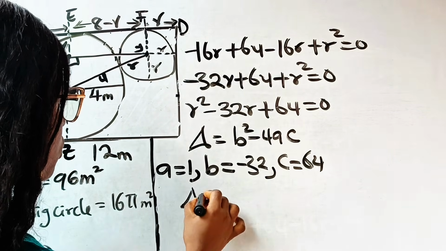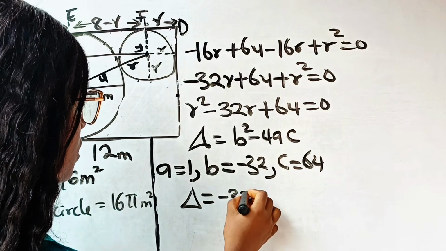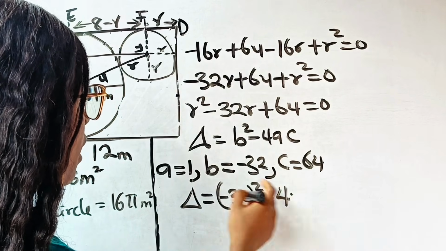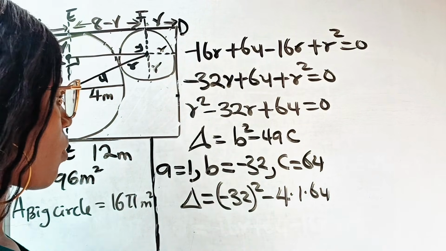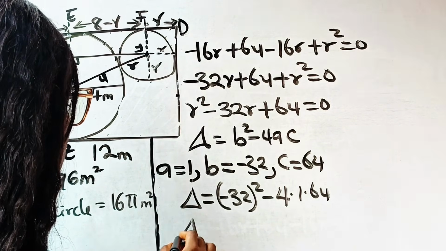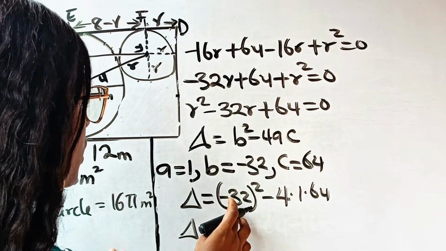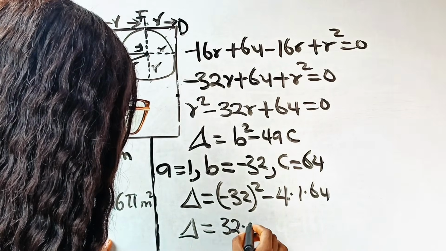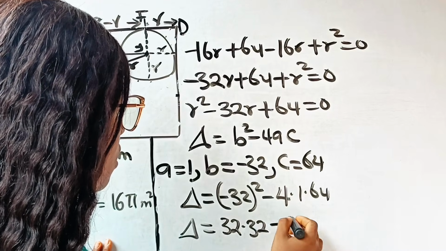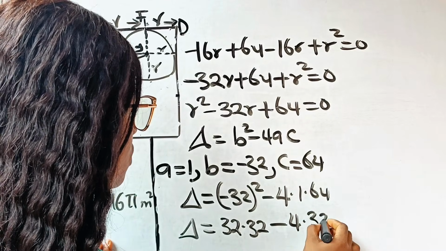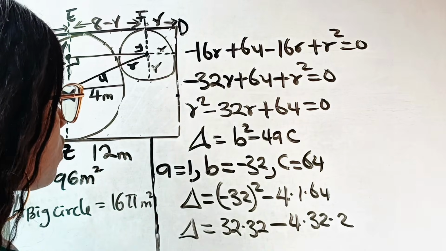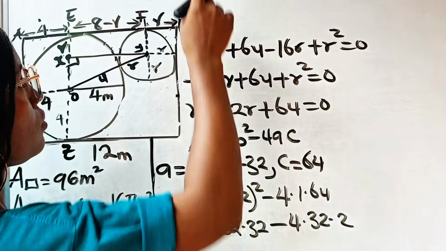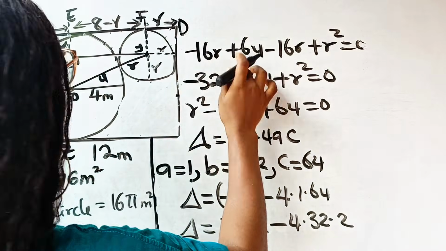So the discriminant then should be equal to (minus 32) squared minus 4 multiplied by a multiplied by 64. Okay, so we have this to be equal to, now this is same thing as 32 squared, right? So we can write this as 32 multiplied by 32 minus 4 multiplied by 64, which is same thing as 32 multiplied by 2. So moving forward, let me write this somewhere.